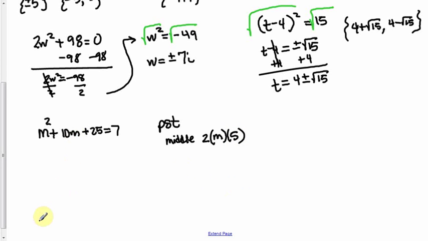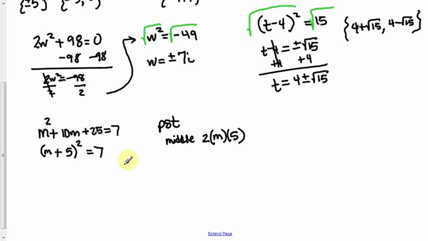In which case, it always will factor into the square root of the first, the square root of the last, and the sign that's in front of the middle term will come into your binomial that's being squared, equals 7.